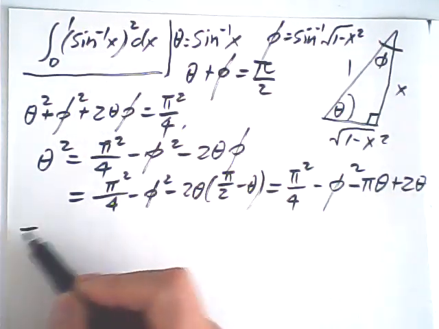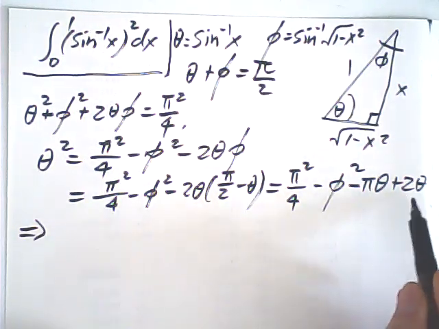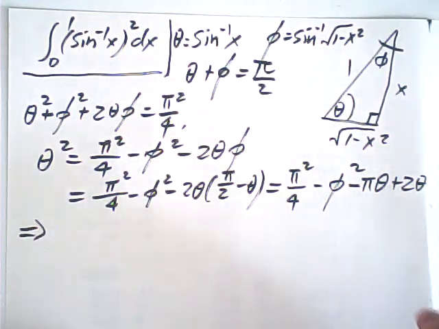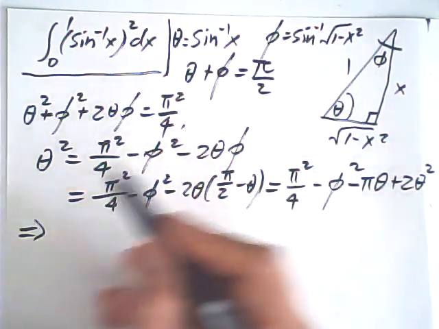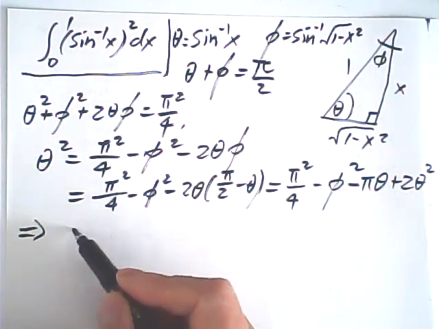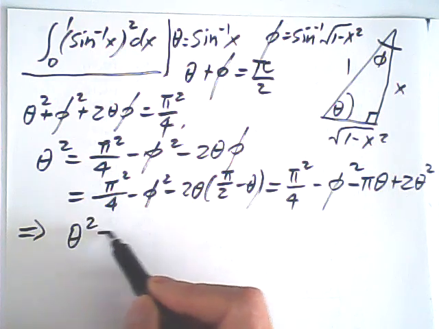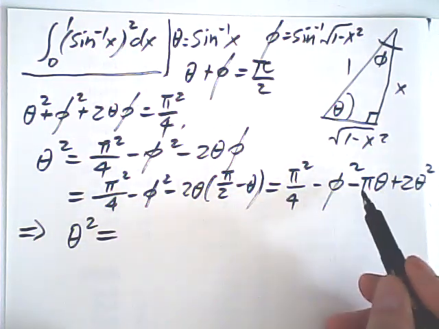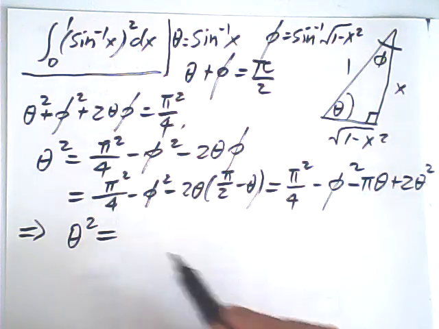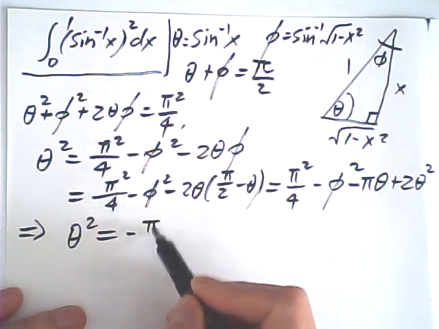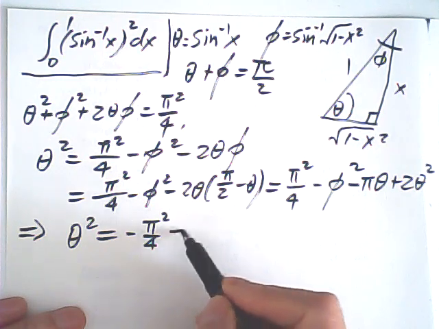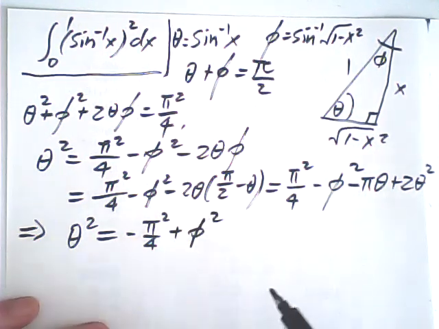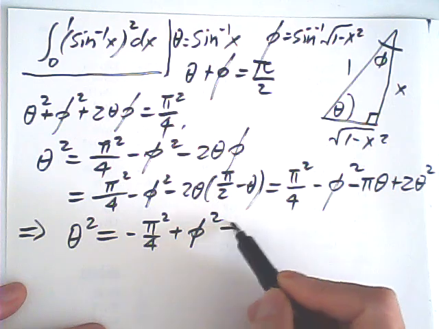Okay, therefore, I move this one, pi squared, over there. Therefore, theta squared is equal to negative quarter pi squared plus phi squared plus pi theta.